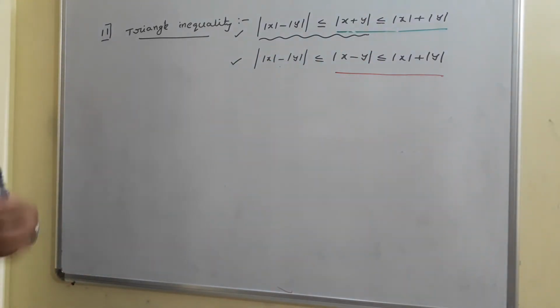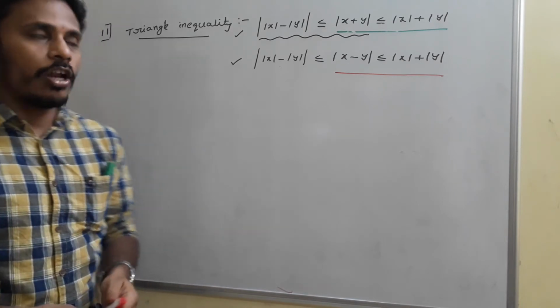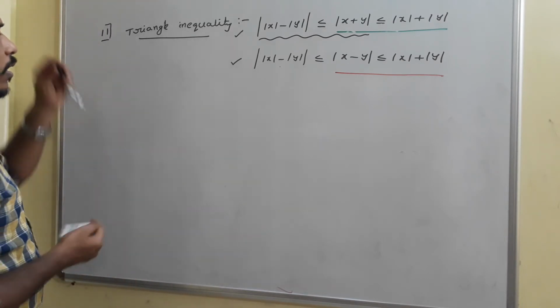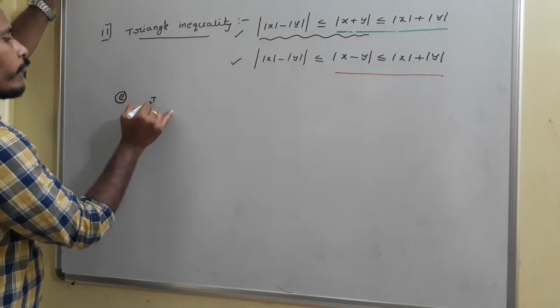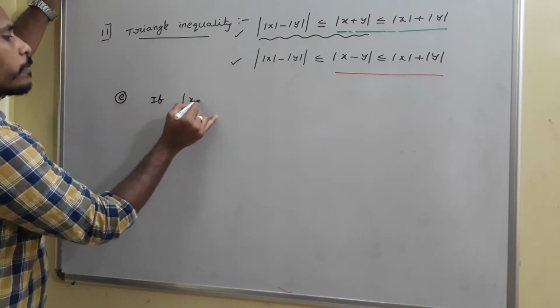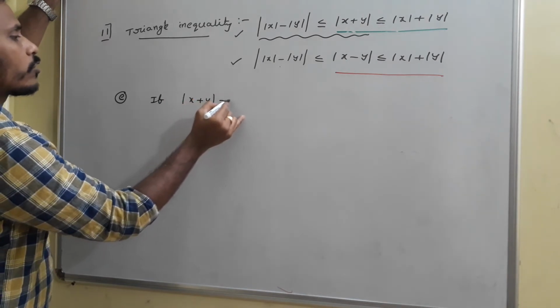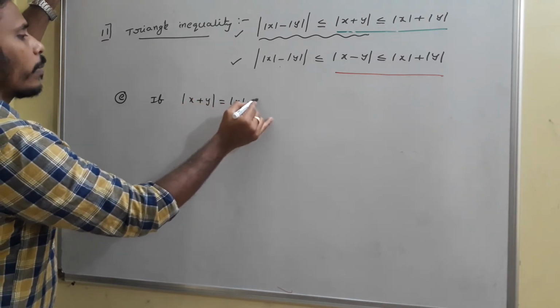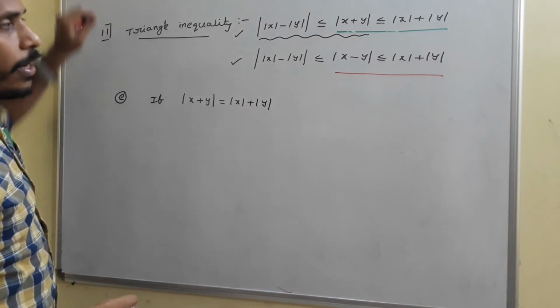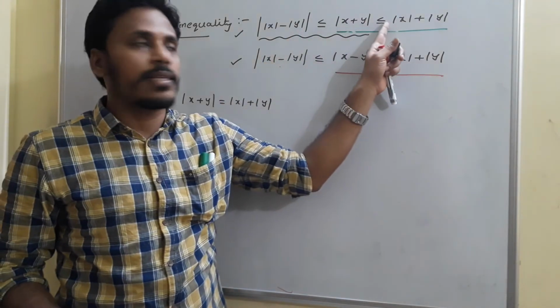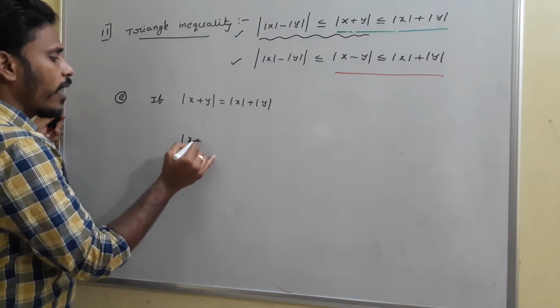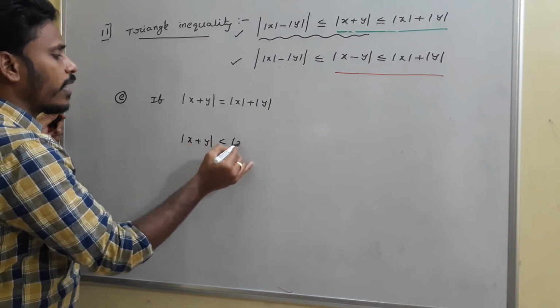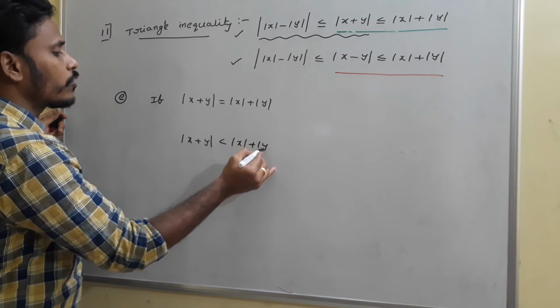So when you go for such analysis, what will you get? Okay, A, B, C, D. Then think about E. If mod x plus y is equal to mod x plus mod y. As we mentioned, mod x plus y is less than or equal to mod x plus mod y, so sometimes it is equal as well as sometimes it is lesser, and we need to separate these two.